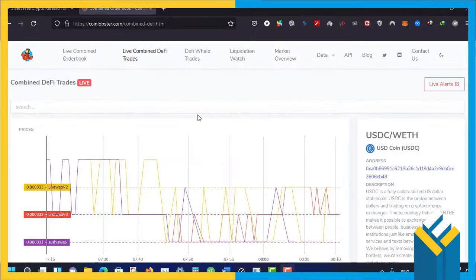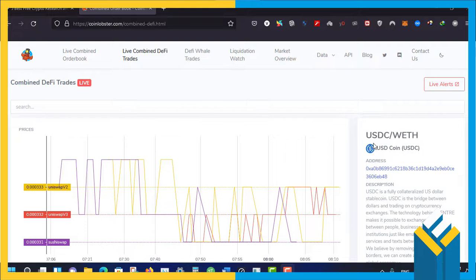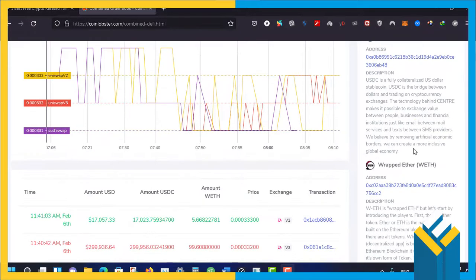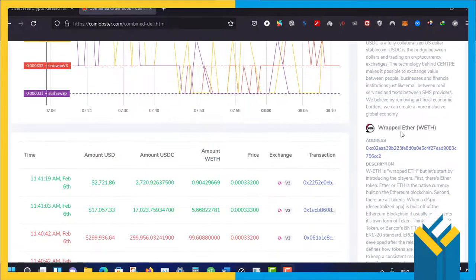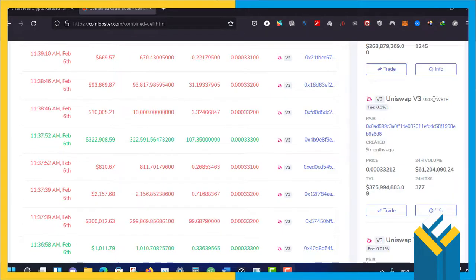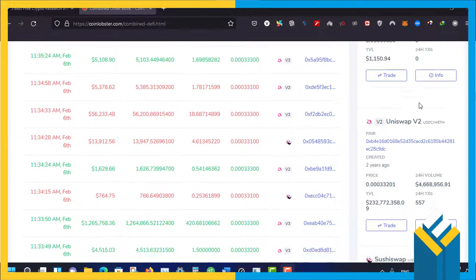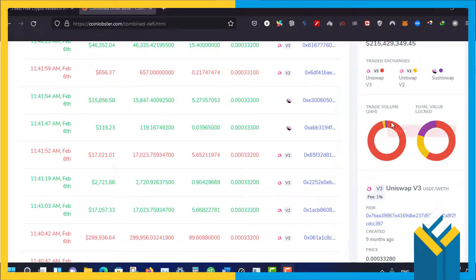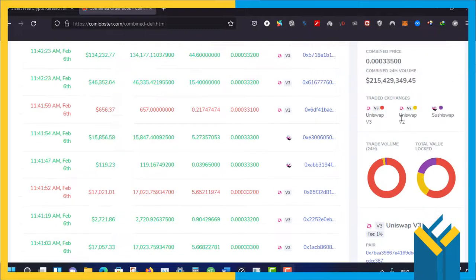And in the sidebar are the tokens that we are looking for. USD Coin, USDC is the first one, wrapped ether, and also Uniswap version 3, as you see the pairs and all the information. And this is the pie graph of the trading volume and total value locked in each platform.